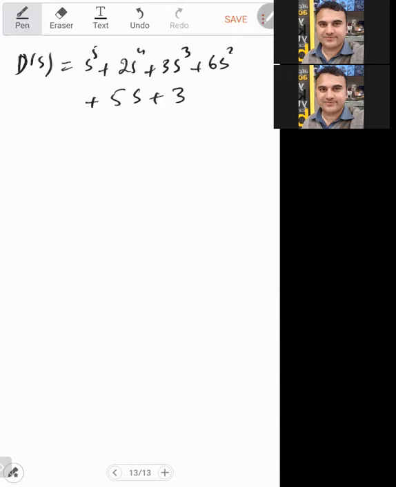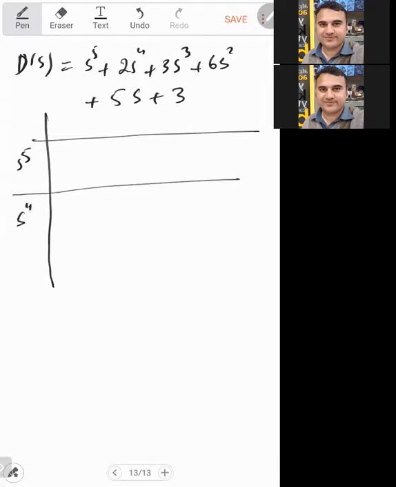So let us make the initial table. We start with s^5, and then s^4.